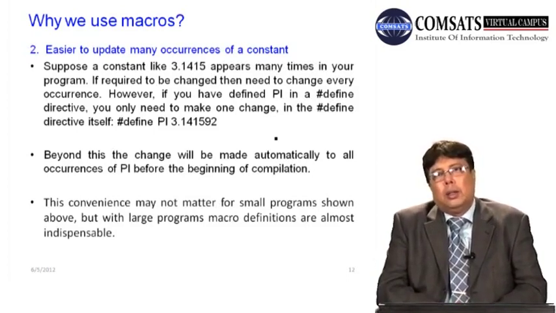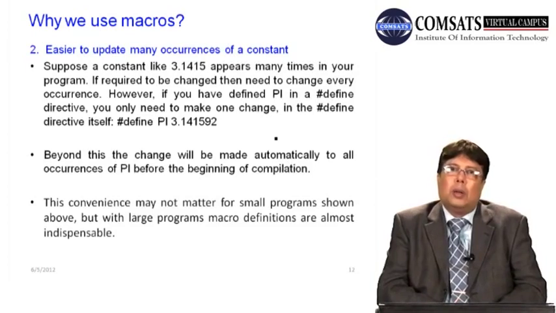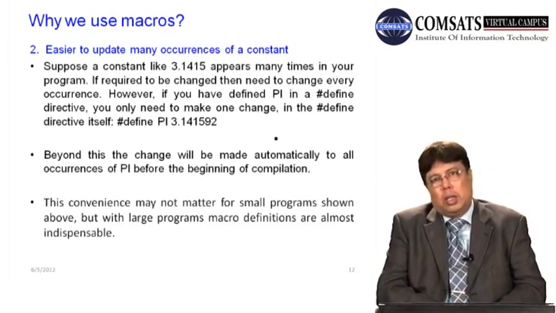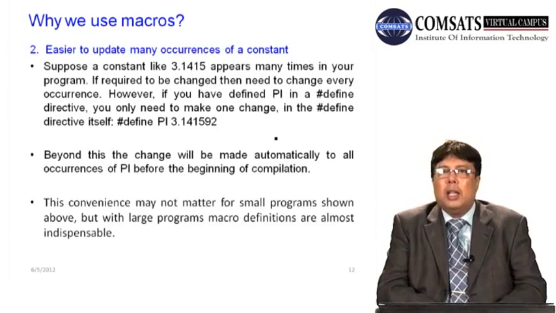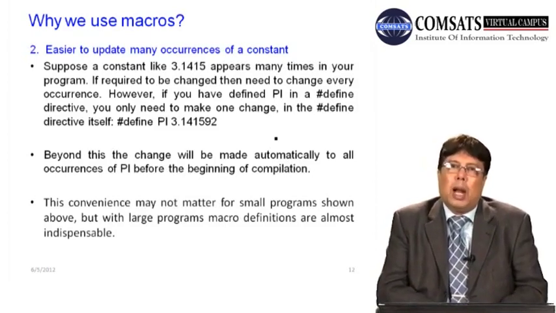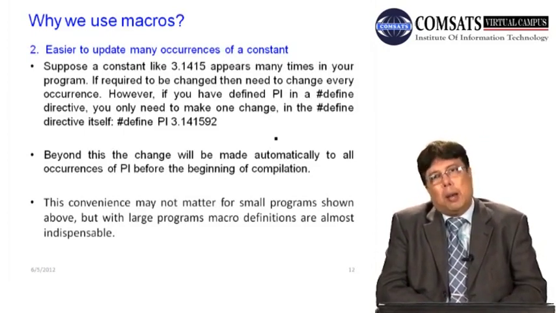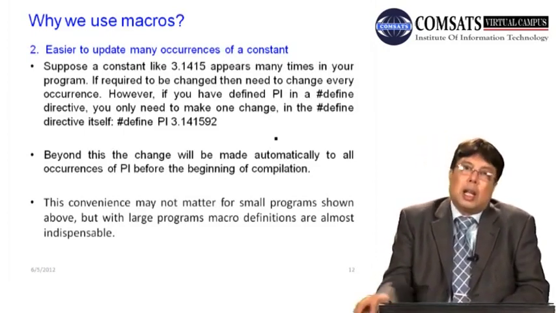You will replace it in every place where you have used the loop variable as a constant. But if you have defined it with a macro, with a define directive, you will make just one single change and the occurrence of it in every place of your program will automatically be updated. So this is a convenience.